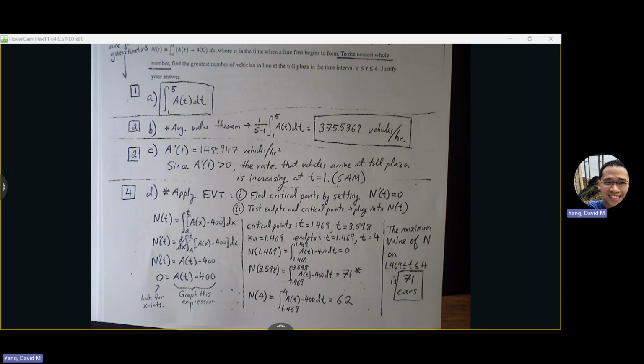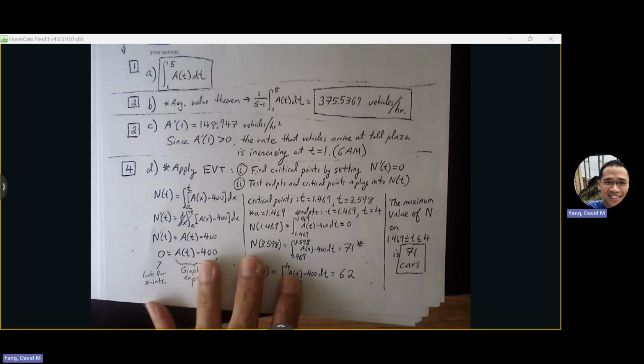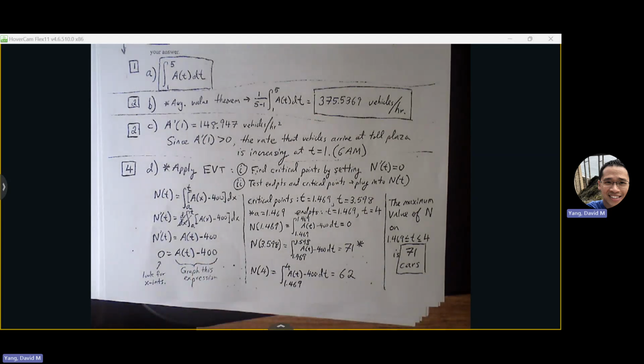So if you look at N(t), it's defined as the integral of A(x) minus 400. So if I want to find N prime, if I want to set N prime equal to 0, I know the second fundamental theorem will allow me to take away that integral. I'm just now sitting at A(x) or A(t) minus 400. And that's my N prime. I set N prime equal to 0.